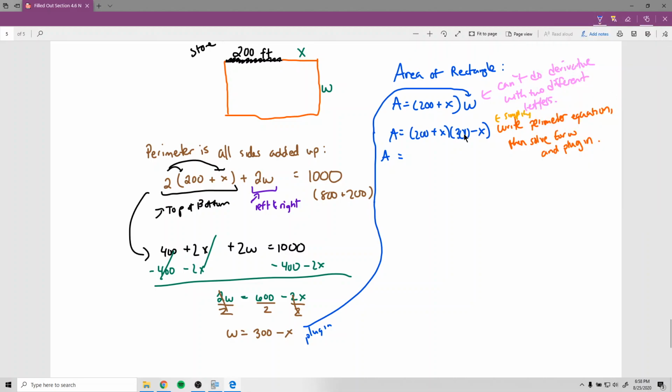So 200 times 300 is 6 with 4 zeros after it, 60,000. 200 times negative x, negative 200x. X times 300 is 300x. And x times negative x is negative x squared. All right, and then combine like terms and simplify. So negative 200 plus 300 is 100.